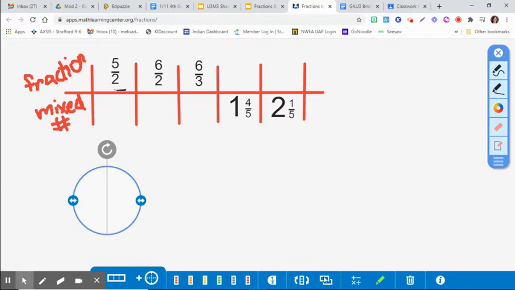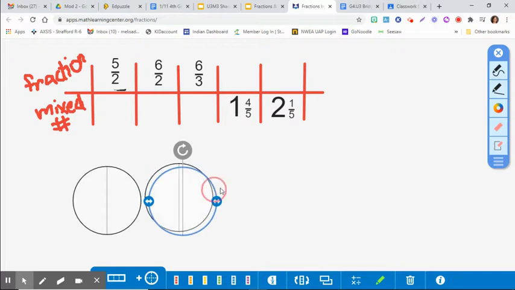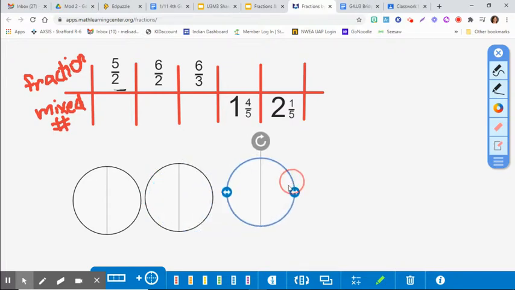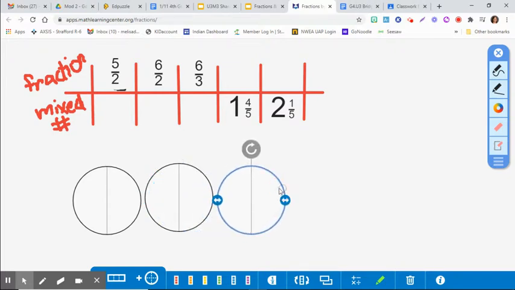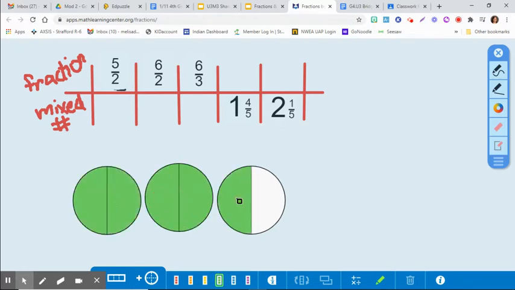So let's come up with a model here. And I'm going to need one more. So for 5 halves, I've got 1 half, 2 halves, 3 halves, 4 halves, 5 halves. So this is what 5 halves modeled looks like.